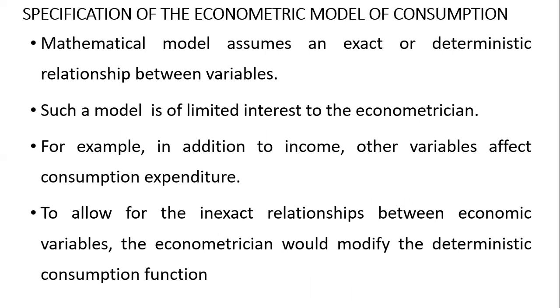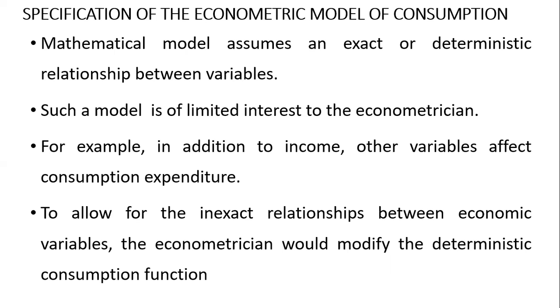Next, the third step, is to specify the econometric model of consumption. That is, we need to make an amendment to the mathematical model in order to transform it into an econometric model. A mathematical model assumes an exact or deterministic relationship between variables.